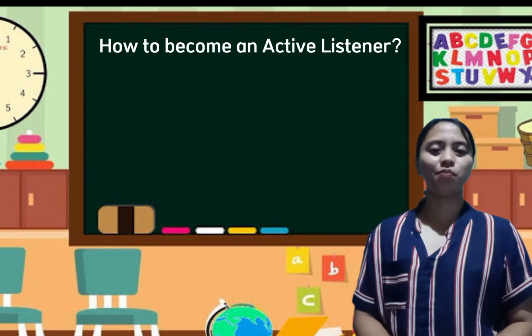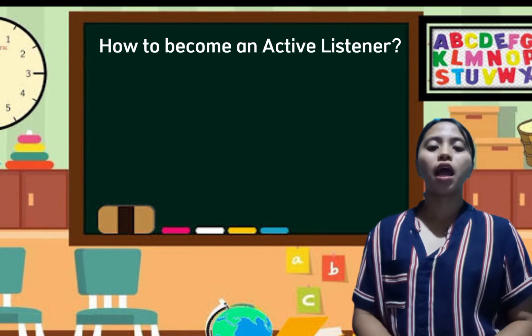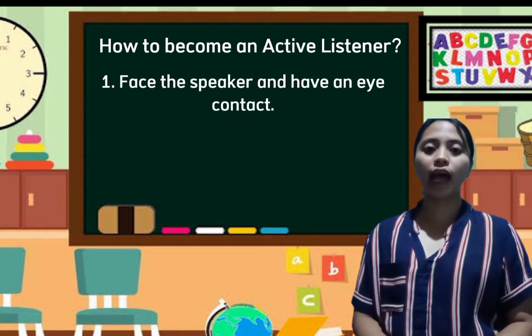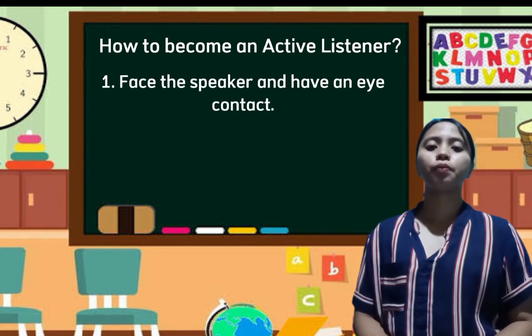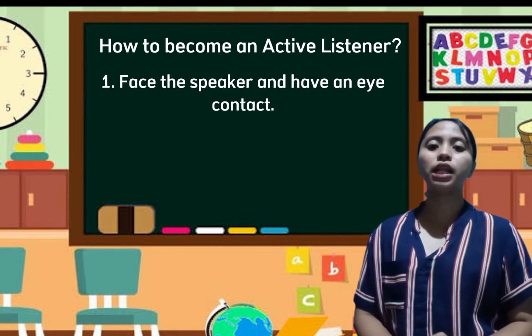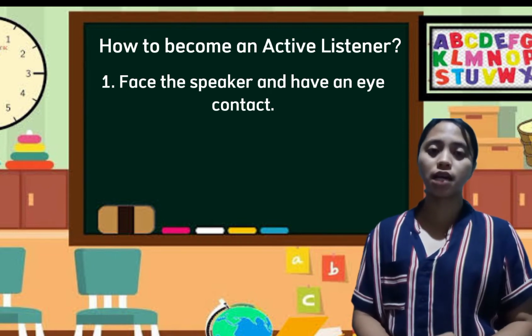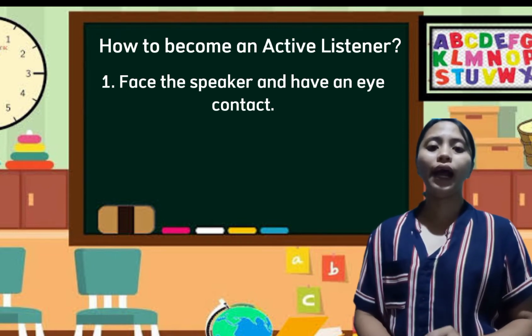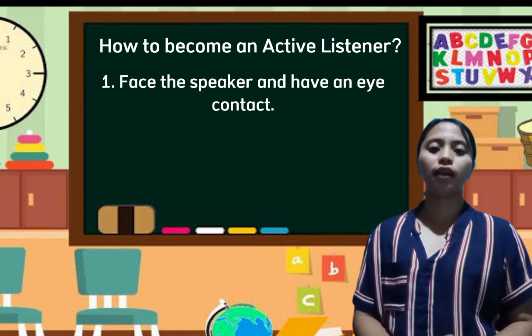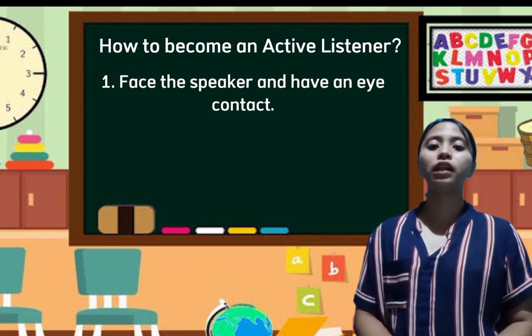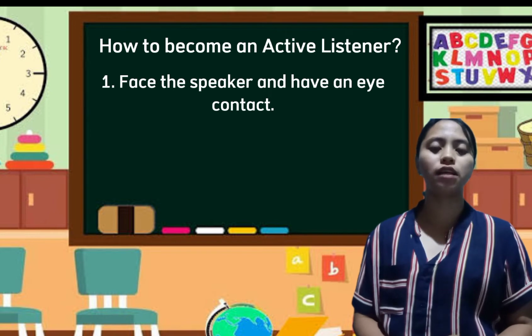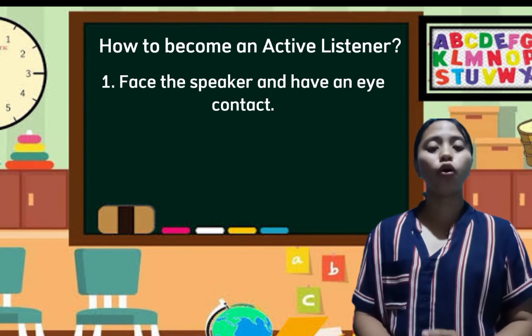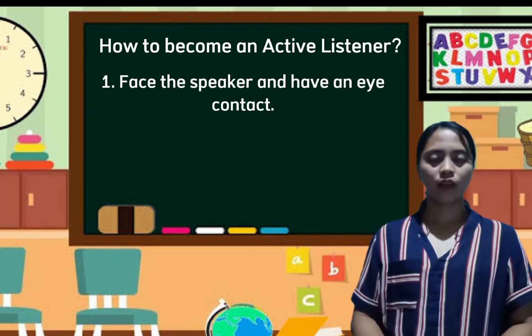Here are some tips. First, face the speaker and make eye contact. As we communicate personally, in a face-to-face process of communication, eye contact is important. It makes the speaker feel that you are actively engaged in what he or she is saying.